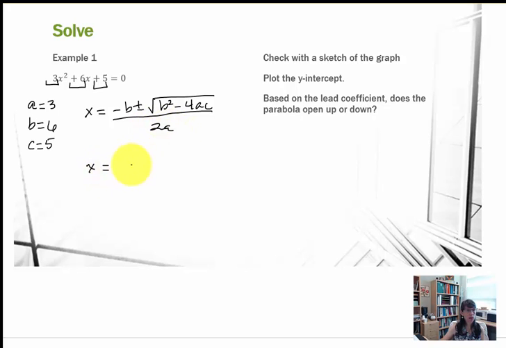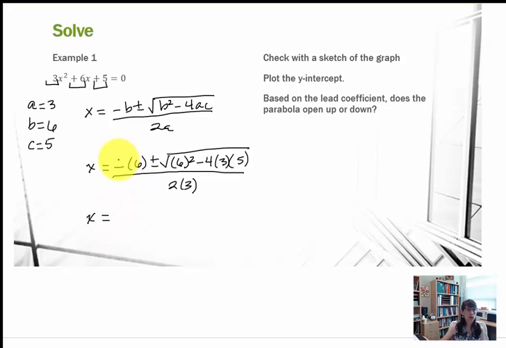So our x value now is going to be equal to negative times b, which is 6, plus or minus the square root of b squared, that would be the quantity of 6 squared, minus 4 times a, that's 3, and c is 5. All divided by 2 times a, that's 2 times 3.